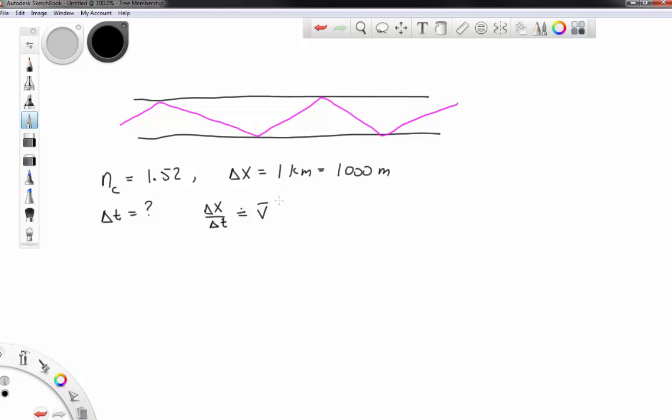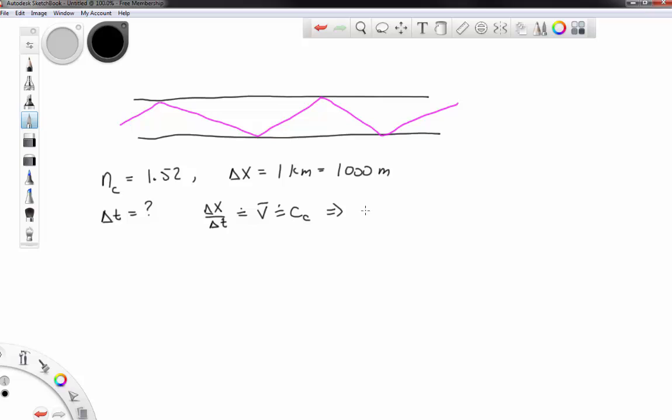So in this case, for that average speed, we use the speed of light within this medium. So we're looking for the speed of light in crown glass to do this. So I'm going to go ahead and solve this equation for delta t, and then we've got to find numbers to plug in for delta x, which we're already given, and for this, which we don't have.